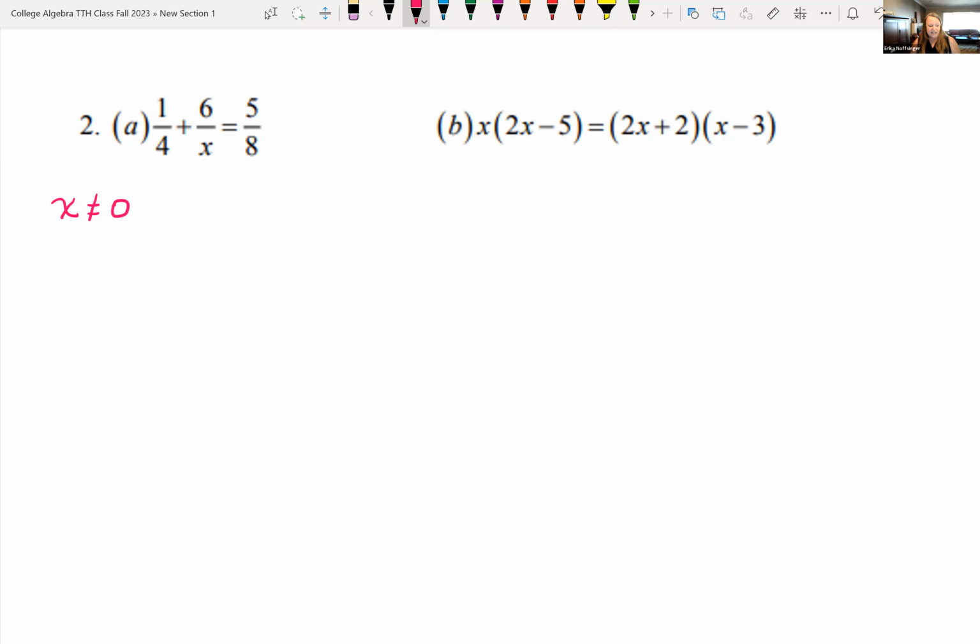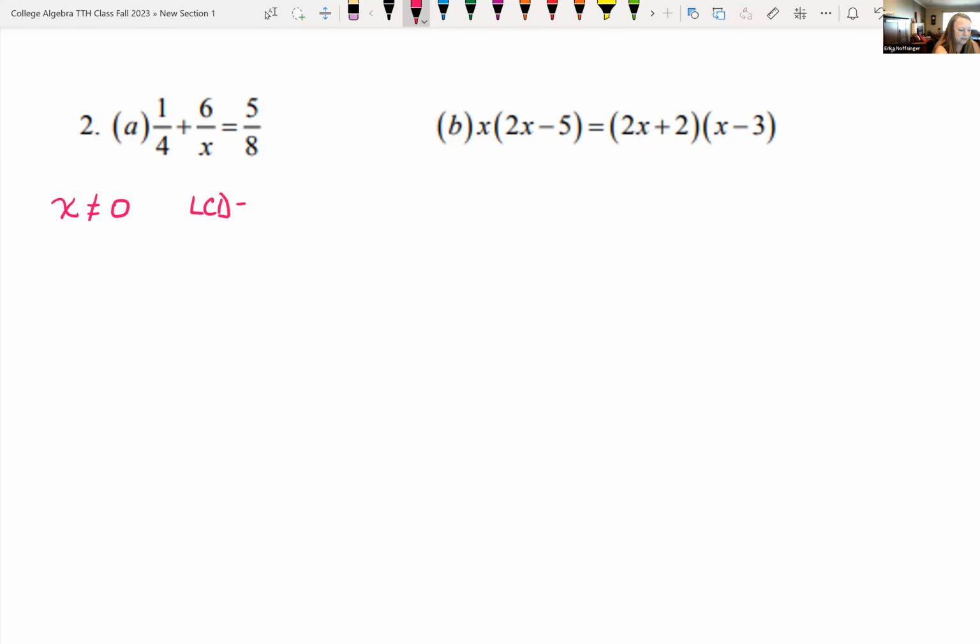Now looking at this, because I have fractions, I need to find my least common denominator. So my least common denominator of 4x and 8. All of those values I just gave you have to divide evenly into the value that we choose for our common denominator.